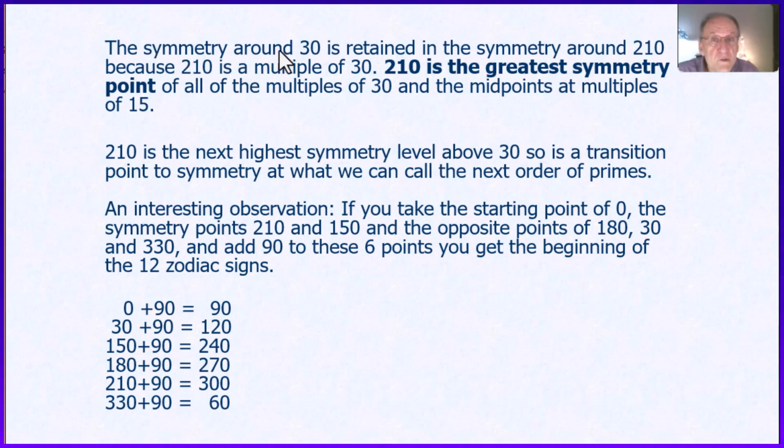So that symmetry around 30 that we saw originally with 2 times 3 times 5 is 30, it's retained in that 210 and 150, and also the opposite points of 30 and 330 are multiples of 30. But what's happened is when we go to these next levels, it's not all of the 30s and 15s.